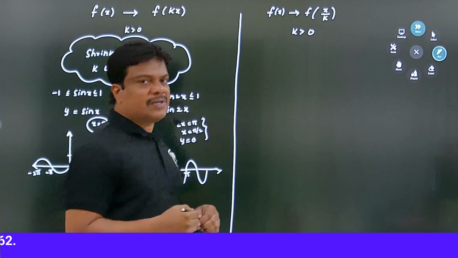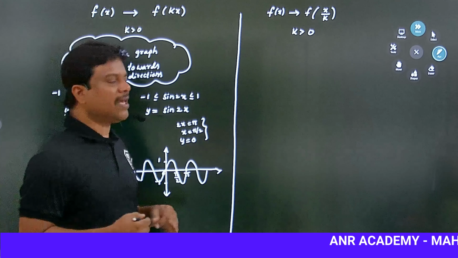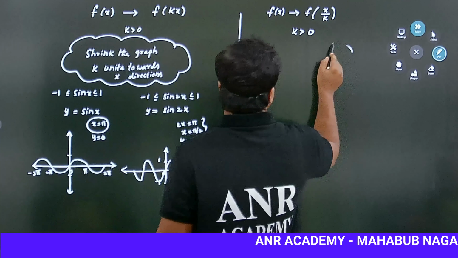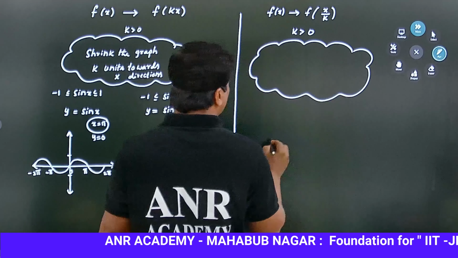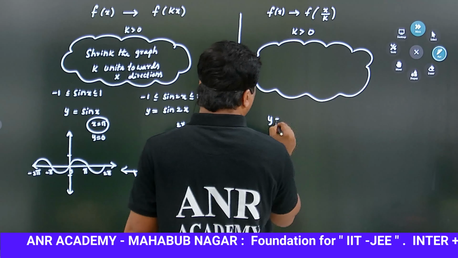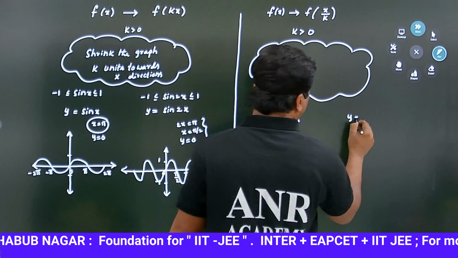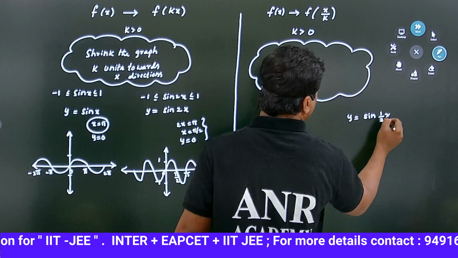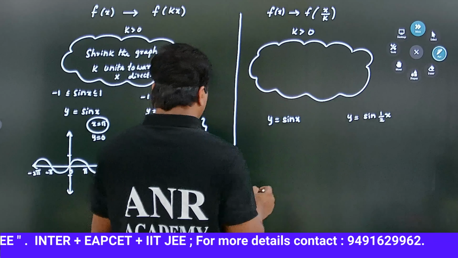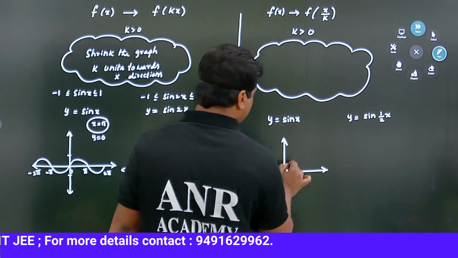Next, let us observe the transformation f of x to f of x divided by k. Suppose that y equal to sin x, and y equal to sin of 1 by 2 into x. Again, the standard graph of sin x first.